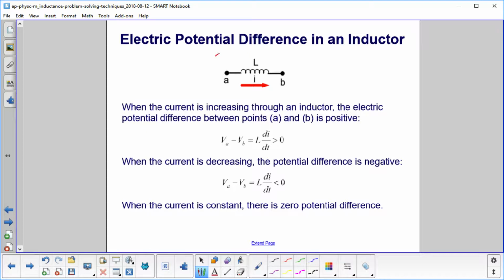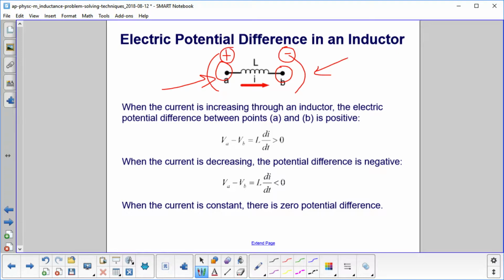We have an inductor here, and the current is flowing from point A to point B. When that current is increasing through it, the electric potential difference between point A and B is positive. So VA minus VB is positive. So if you wanted to put a sign on it, this would be positive, this would be negative. There's a higher potential over here, smaller potential there.